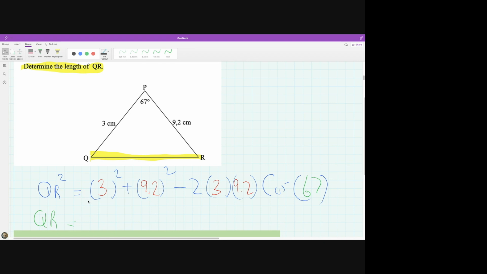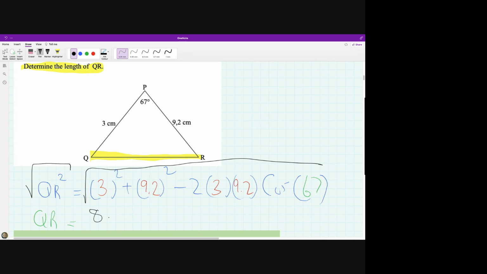For those who are just joining us, don't worry, you'll pick it up in the next examples. What did you get for the length QR? You have to square root both sides in order to get the QR figure here. And I am getting 8.49 centimeters.